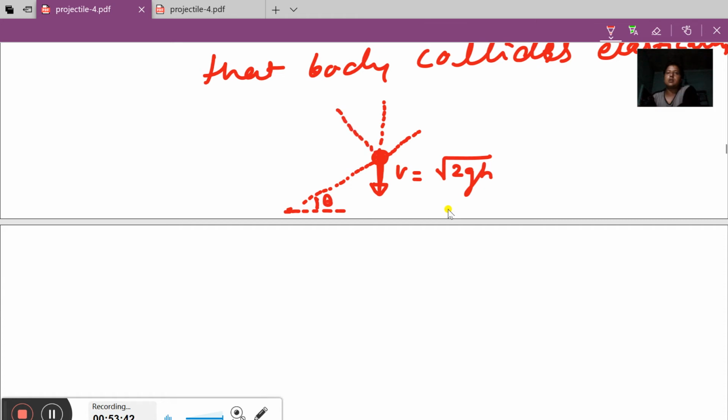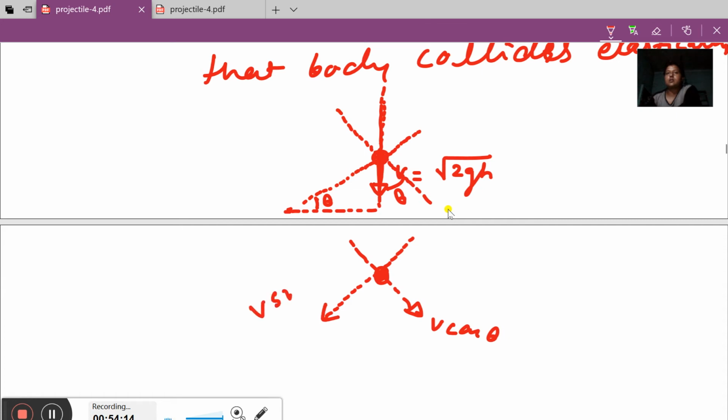This one is the normal. This is 90 minus theta and this angle is theta. So the velocity has two components before hitting. One is v cos theta and the other is v sin theta.